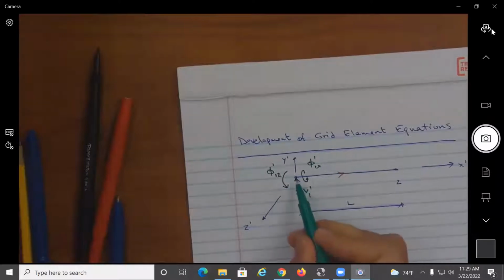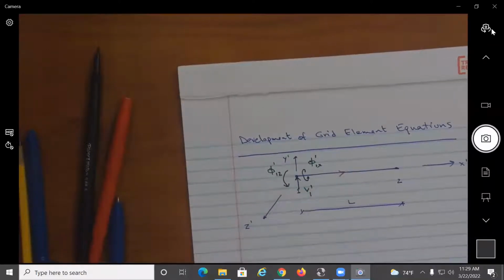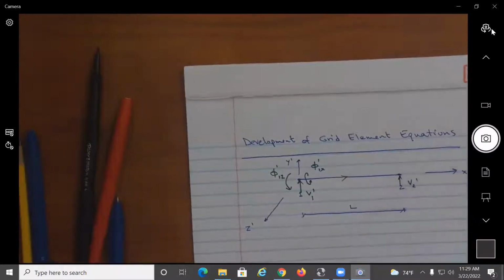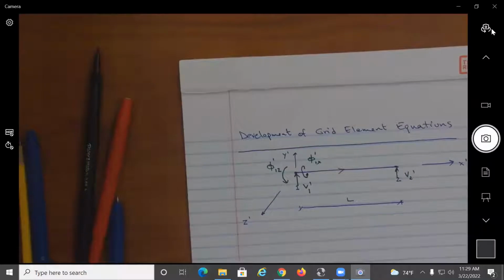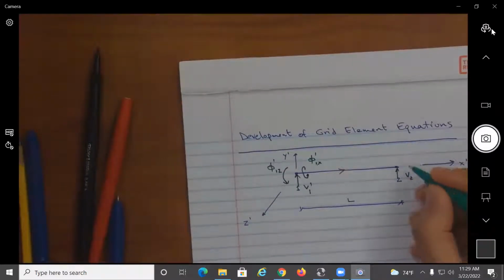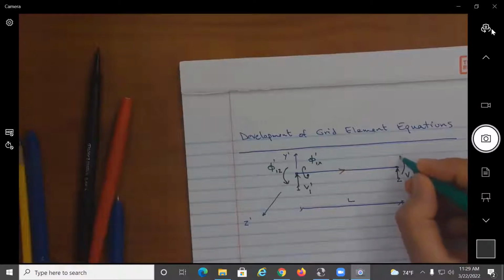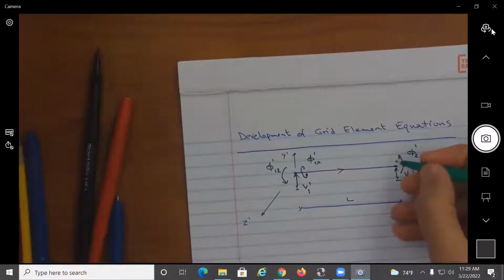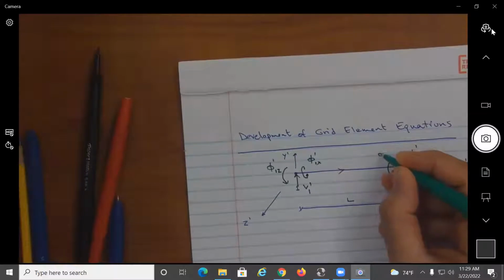So this is still at node 1. Of course, likewise, at node 2, we're going to have a v2 prime, a phi 2 z prime and this phi 2 x prime.